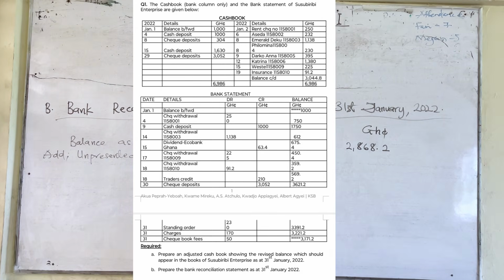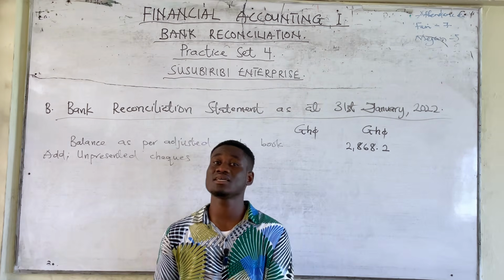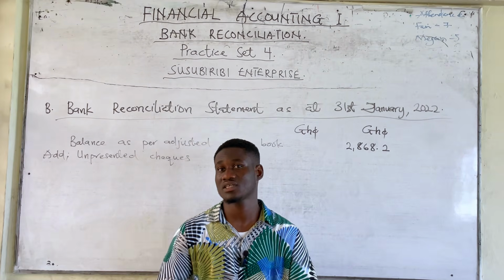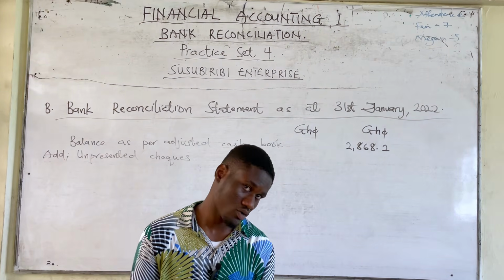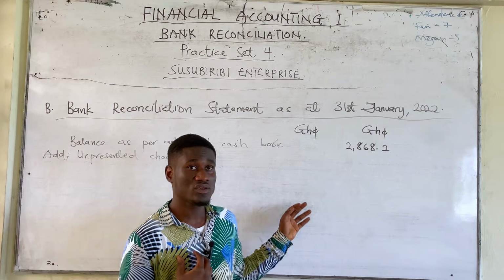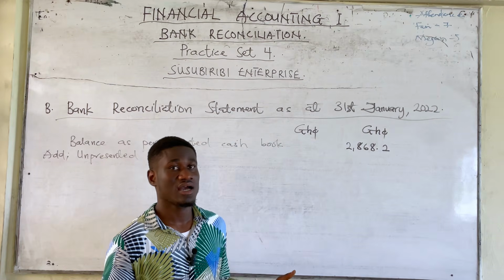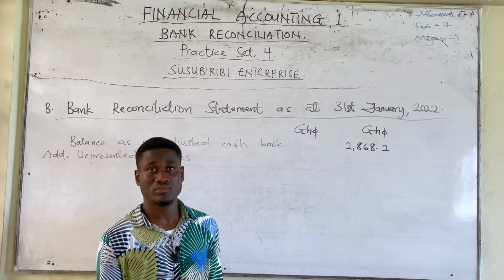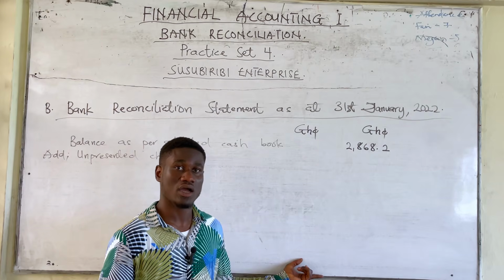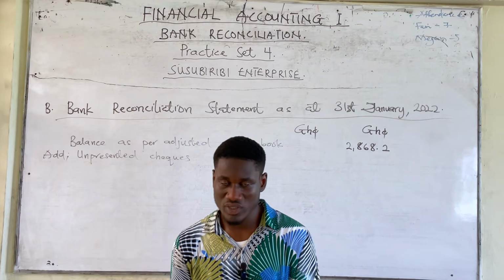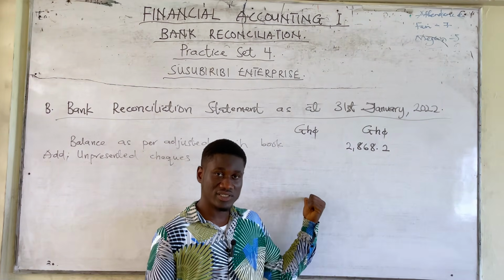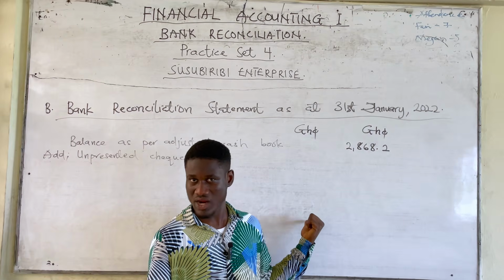So with unpresented checks, we know that they are issued by the business for payment, and the bank didn't record or debit our account. So that means we the business recorded in our cash book that we've issued this check out, so we have to credit our account, but the bank has not debited our account.